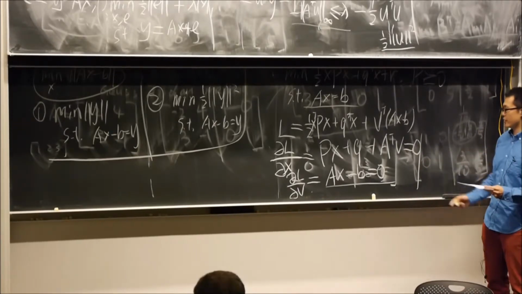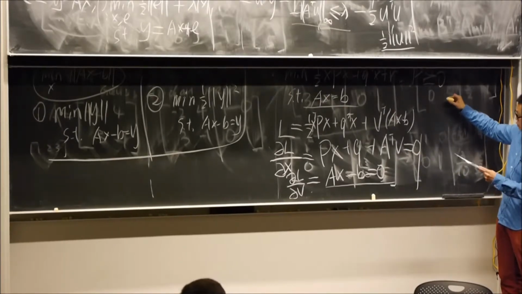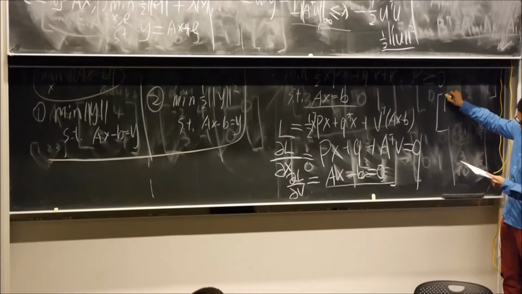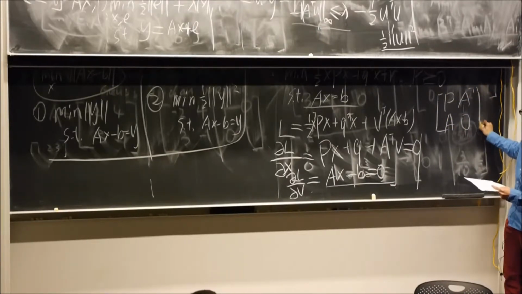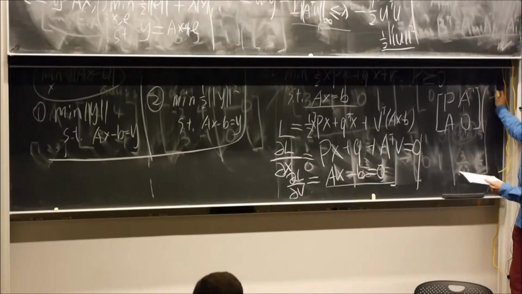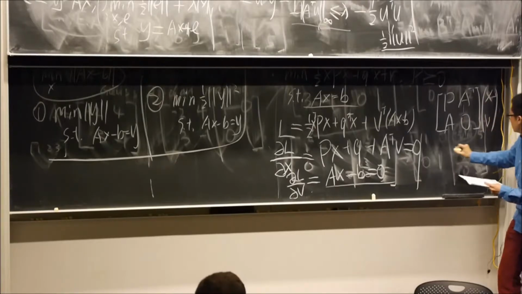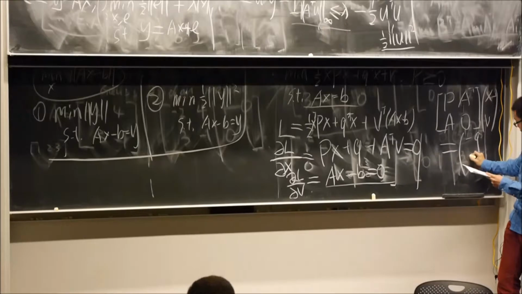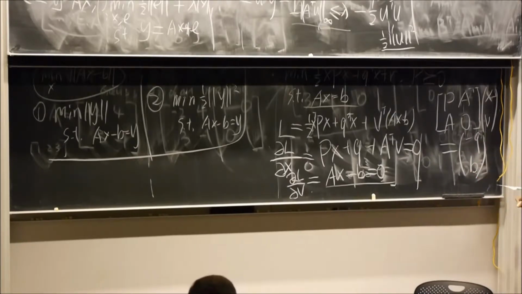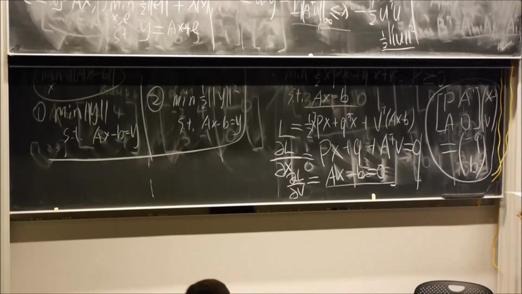So that's all we need, and we can rewrite these two systems of equations into a matrix form that is [P A transpose; A 0] [x; v] equals [negative q; b]. And this is a linear system of equations, and they can be solved by, say, backslash in MATLAB.